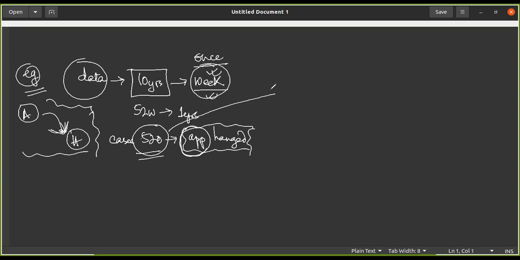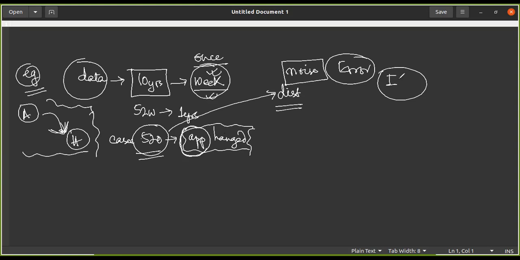If I take a sampling distribution of these 520 instances, you will come to know whether this is really noise, or really an error, as I can also call it, or an irregularity component.